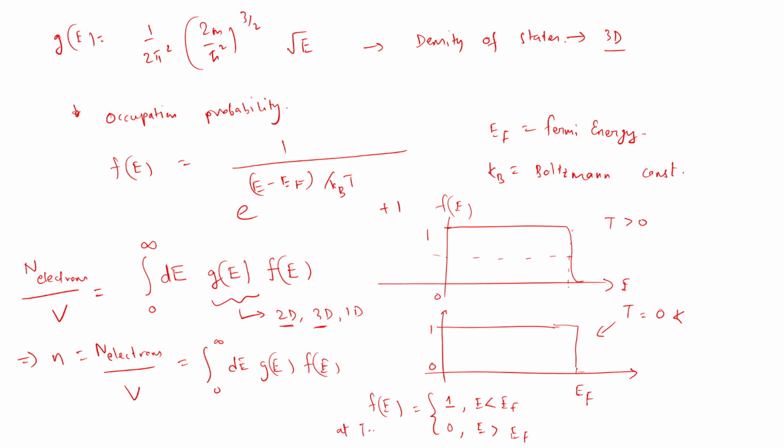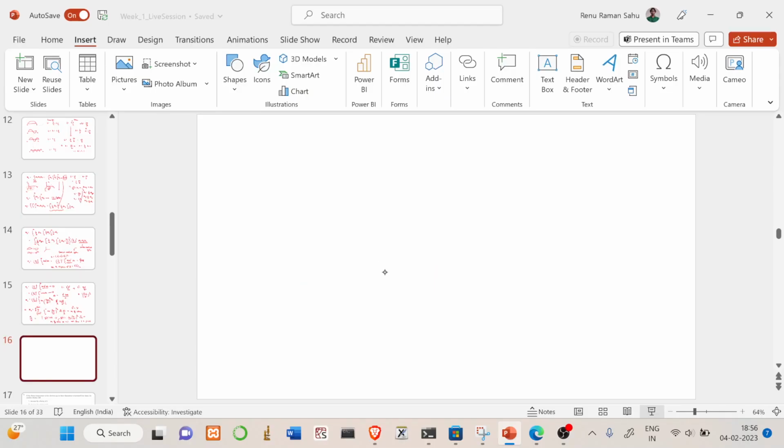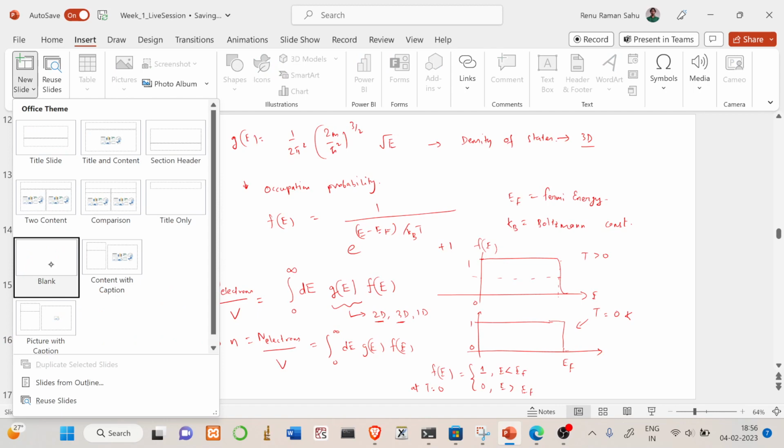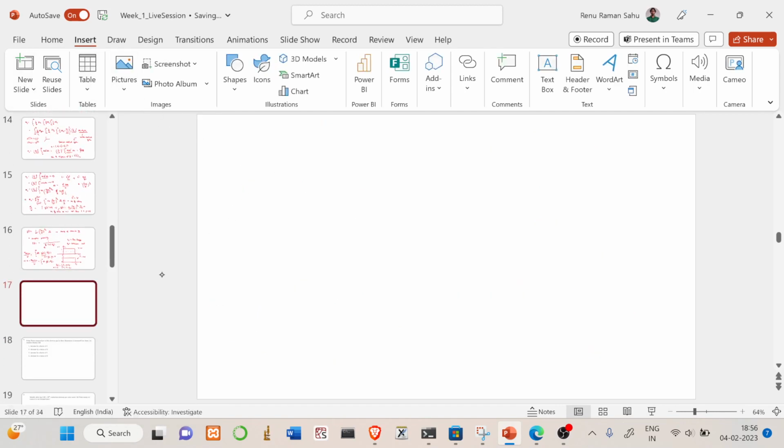So the number density of electrons, N over V, is the integral from 0 to infinity of dE G(E) f(E).